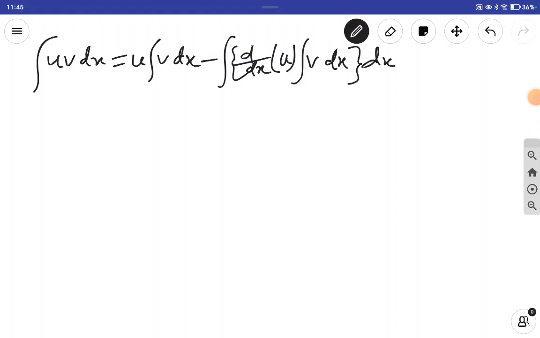This is the rule and I will use this rule in this math.